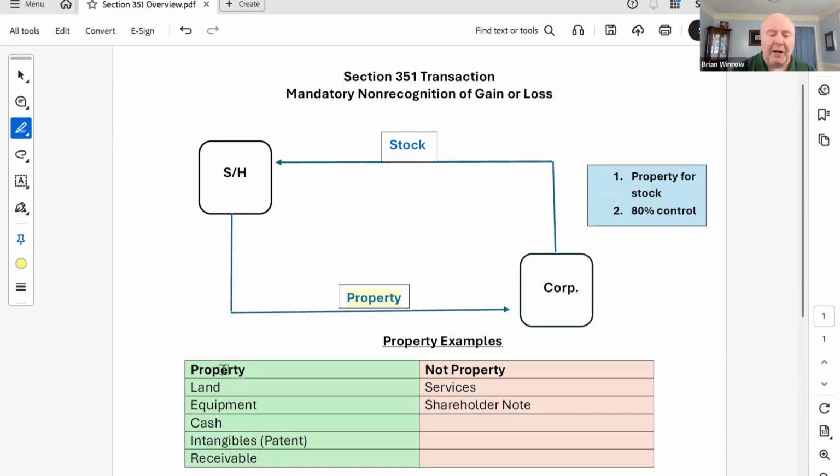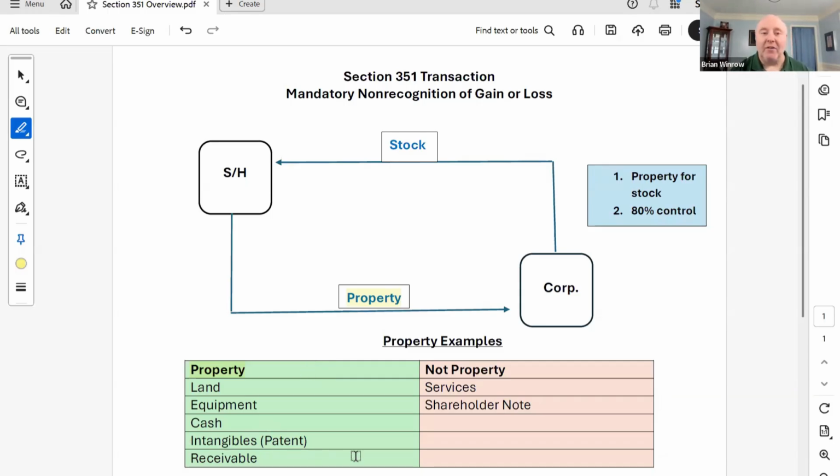So I went ahead and put in here for property, land, equipment, cash. Cash is a common one. Somebody contributes $50,000 of cash and they get $50,000 worth of value of stock. But we could have put in land that has a fair market value of $30,000, and our corporation would have then given our shareholder stock valued at $30,000.